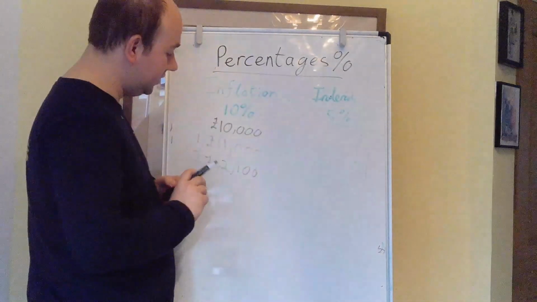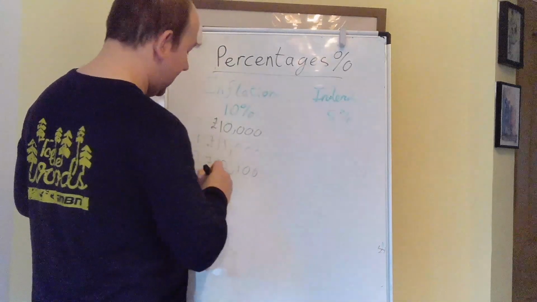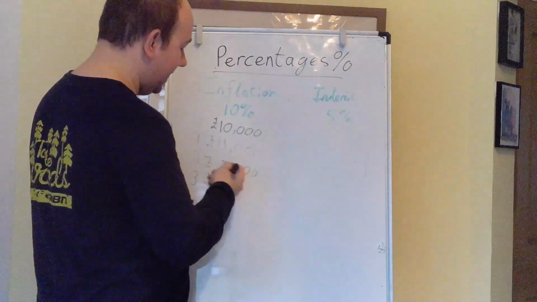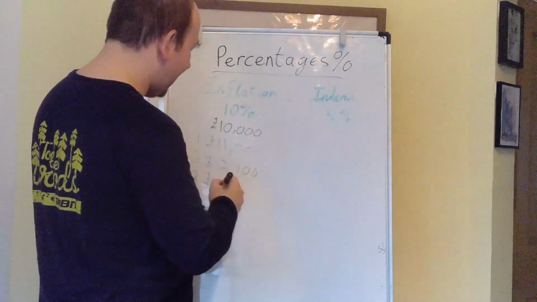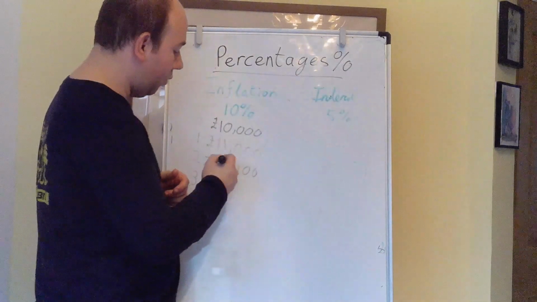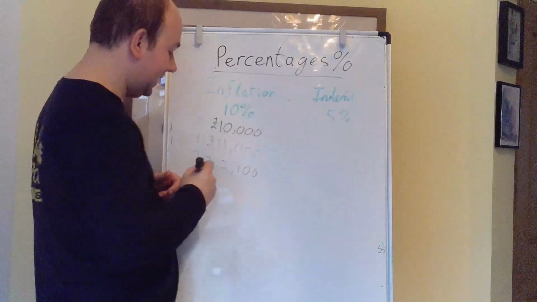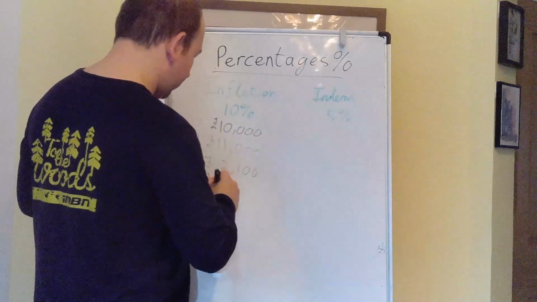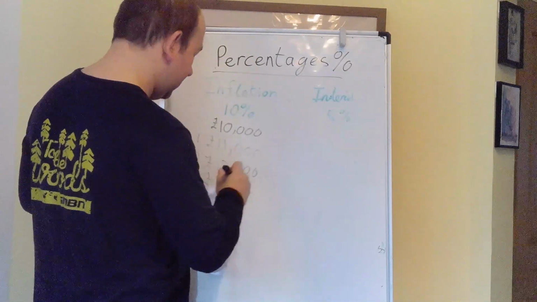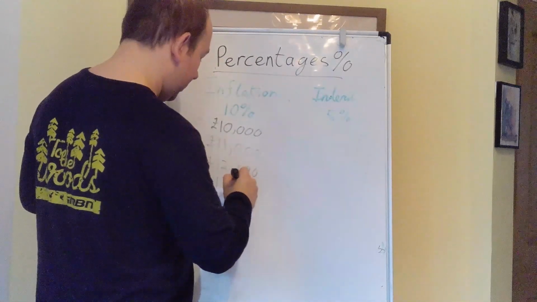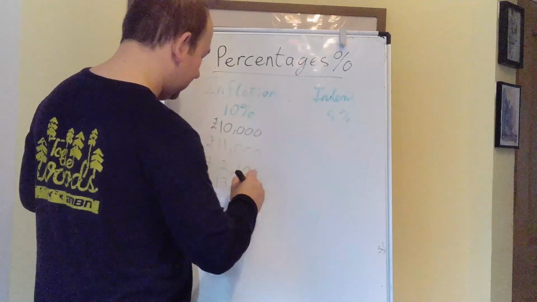After 3 years, you're going to need another 10% more than this again. So we're going to be adding on another £1,210, which takes that to £13,310.